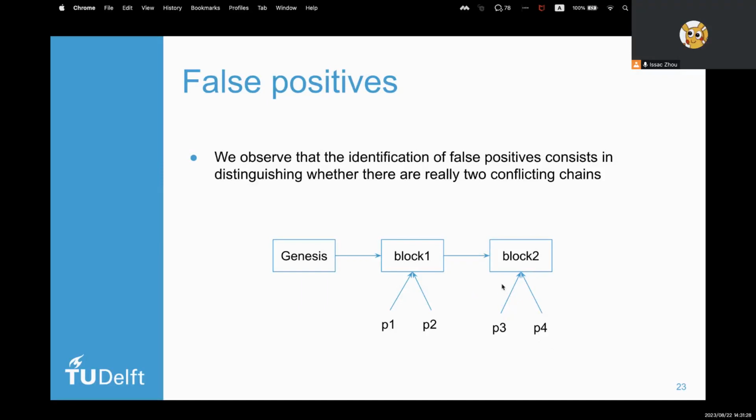However, they should extend each other. In this case, the safe node rule in HotStuff still allows this system to progress.